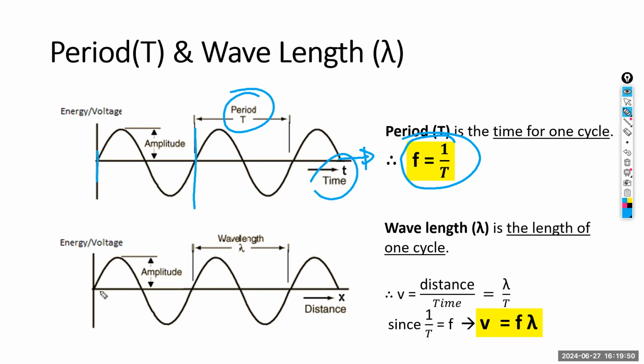But if you look at this as distance, because the wave travels, it started from that tower and the wave has reached your mobile phone or your wireless router. So we can think of this line as length. Then the length of one cycle is called wavelength, lambda. It's the same thing: if you look at it as time, it is period.